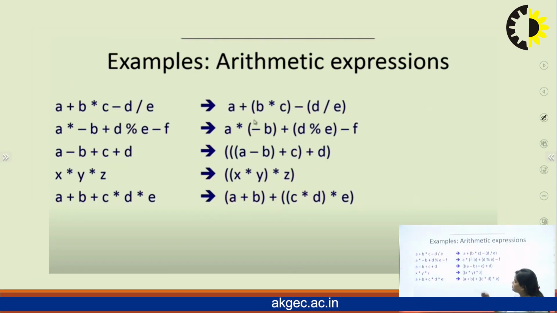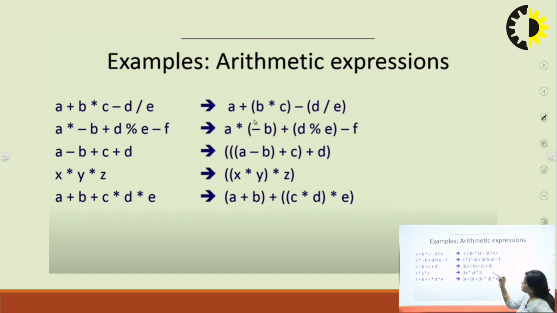Now see the arithmetic expression: a plus b multiply c minus d. As you all know, multiply and division here hold the highest priority, then plus and minus. So if we solve this, let's evaluate this as a and this as b, then it could be written as this and this, right?